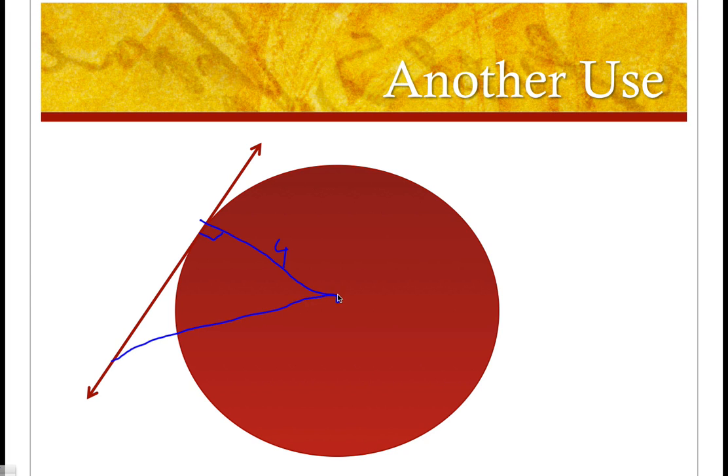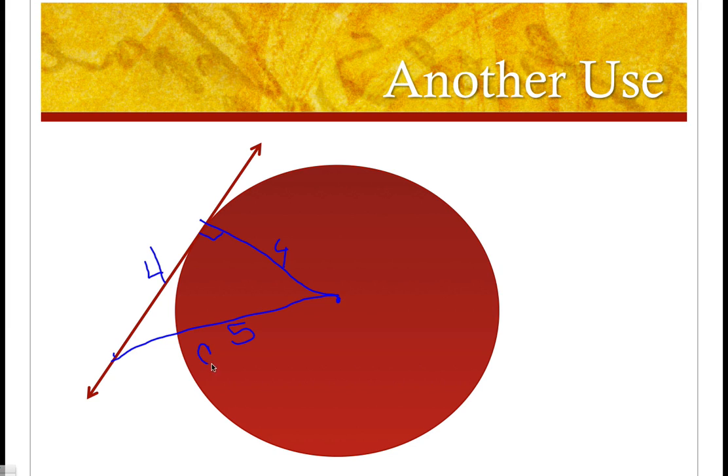If we draw another line, say our hypotenuse, and that distance is 5, and we also know that the distance from the right triangle on that side is also 4, we can use the Pythagorean theorem to prove whether or not this is a tangent line.